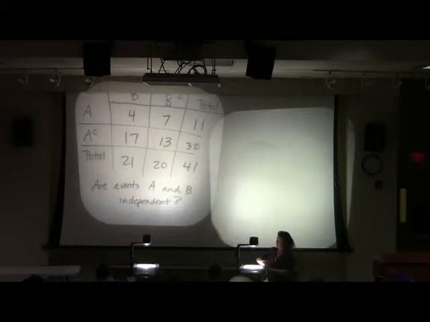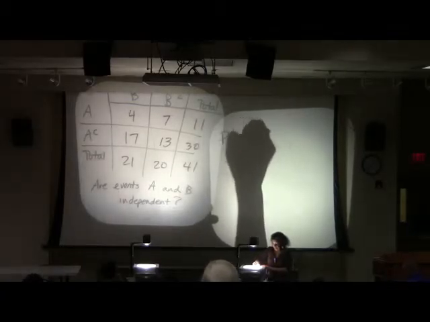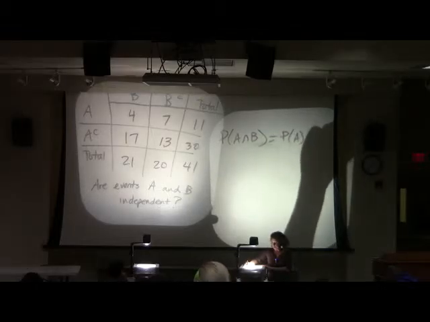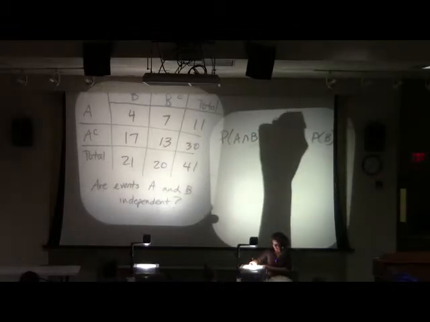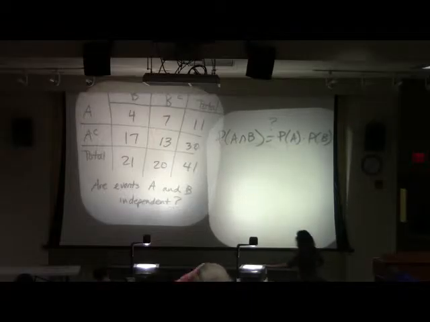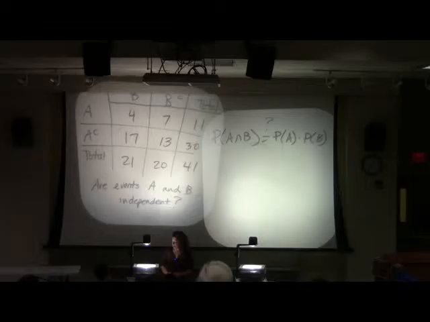All right. Well, how do we determine if events A and B are independent? We want to ask ourselves, is the probability of the intersection equal to the probability of the first times the probability of the second? You all agree with me this far? Okay. Now, this involves, again, reading tables, but we're pretty good at that.